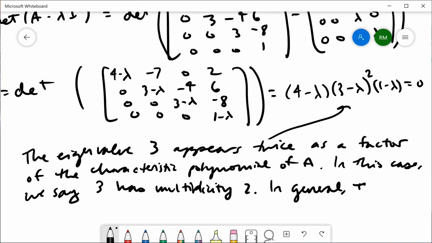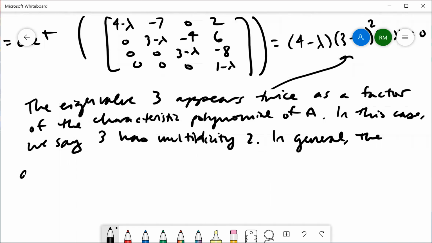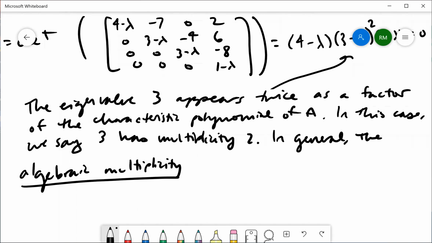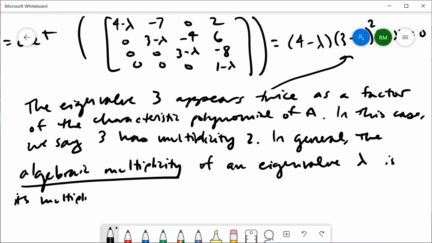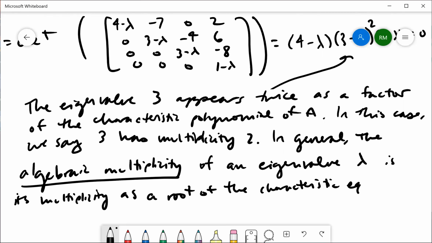In general, the algebraic multiplicity of an eigenvalue is its multiplicity as a root of the characteristic equation.